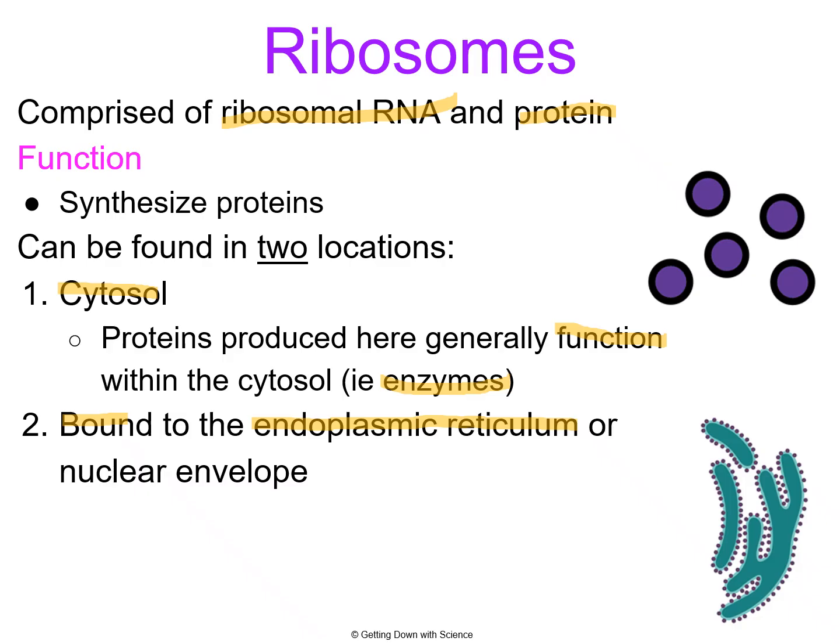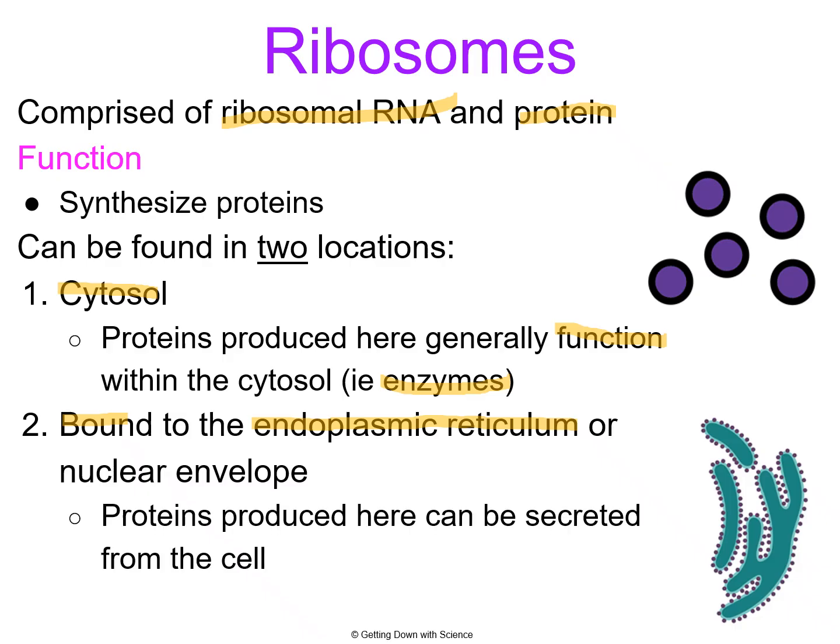So rough ER is a result of ribosomes bound to the surface. Now, when the ribosomes on the ER produce proteins, these proteins are usually secreted from the cell.